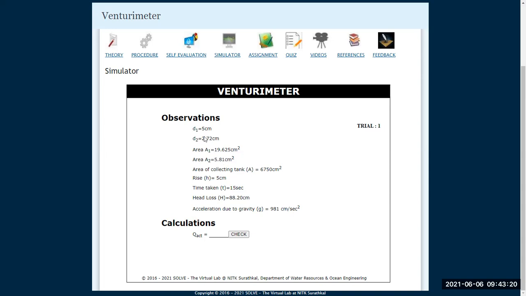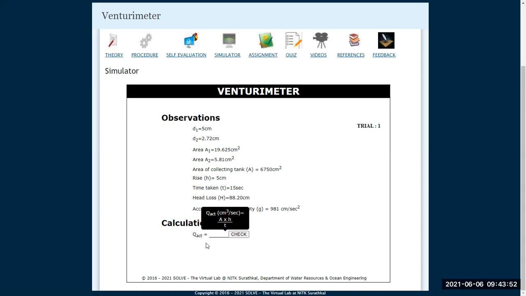Next you note down the area of the collecting tank, capital A, and the small h, that is the rise of water, is 5 centimeter, and the time taken is 15 seconds. Head loss we got as 88.2 centimeter. As I told, all the units are in centimeters, so acceleration due to gravity, g, is also taken as 981 centimeter per second square.